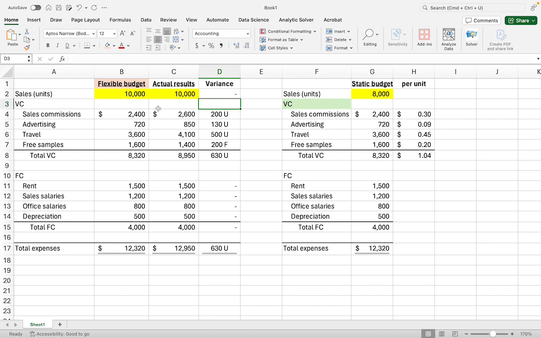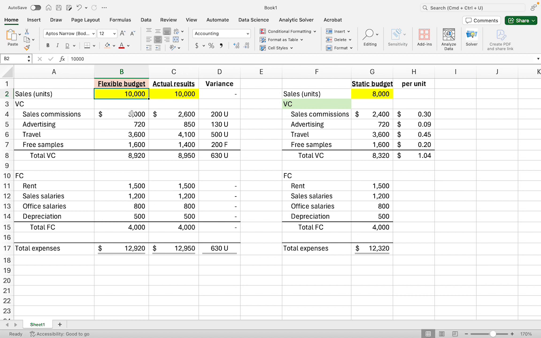Now, for the sales commissions, I'm going to take the 10,000 units and multiply by the 30 cents sales commissions per unit.